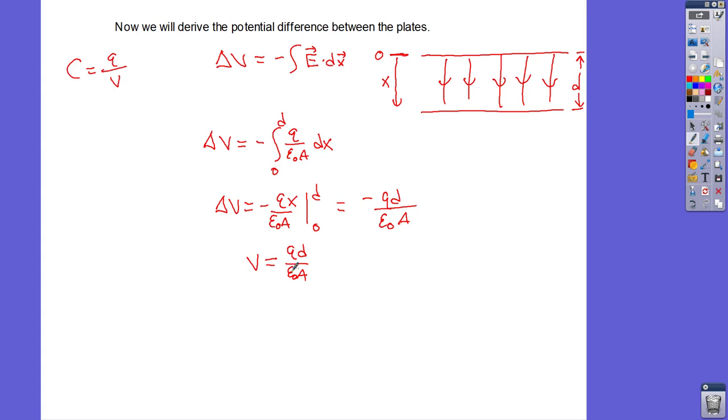I'm going to get Q over V on one side. So if we have Q over V on one side, that would leave us with epsilon naught A over d on the other side. And so if you remember our formula for capacitance, that's what we have, epsilon naught A over d. Okay.